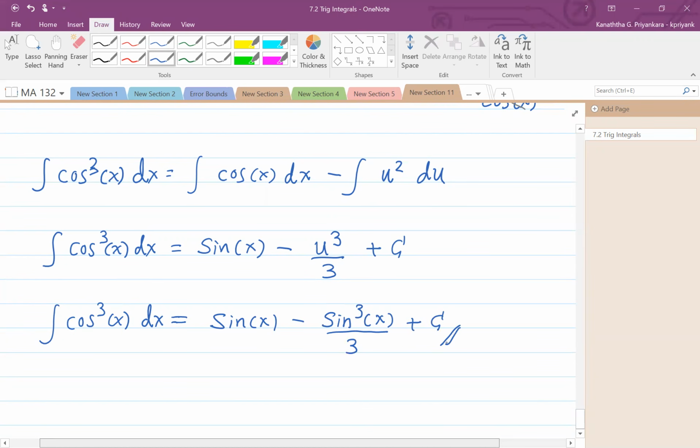So that is the answer for this problem. So if I give you any odd power of sine or cosine, you should be able to do it in this format.